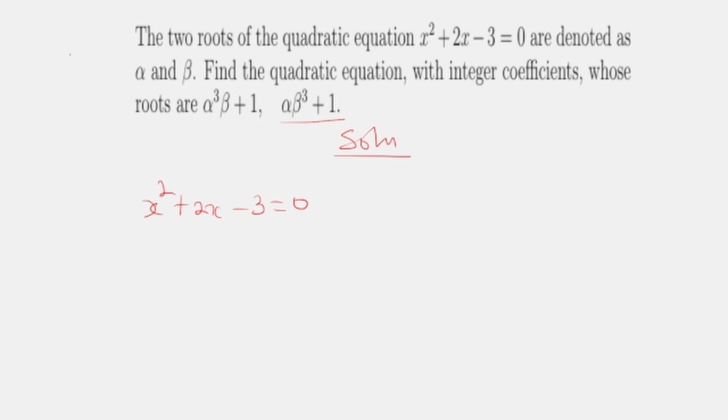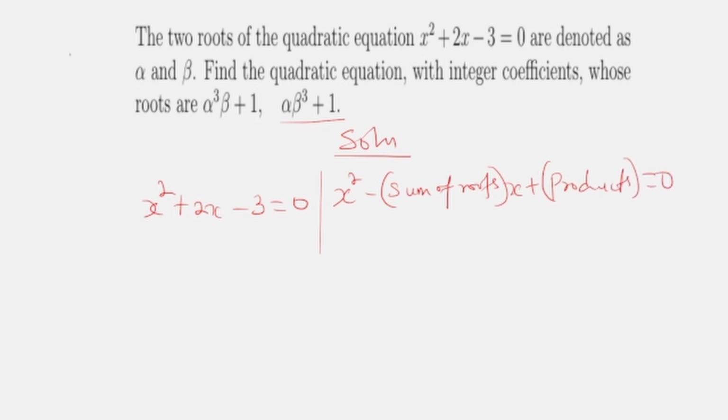Now, to form a new quadratic equation, you must know this very formula here. And the formula is x squared minus sum of roots multiplied by x plus product of roots is equal to 0.